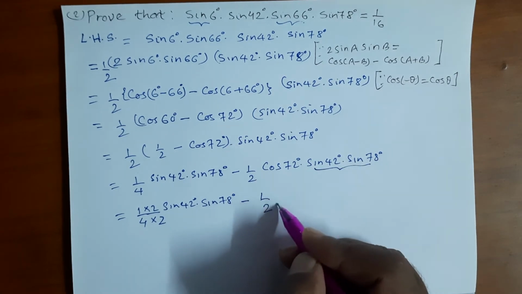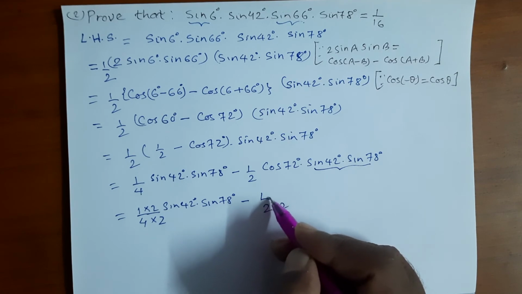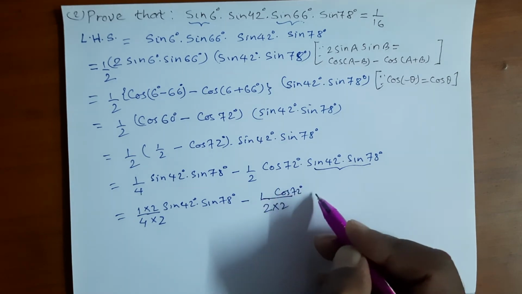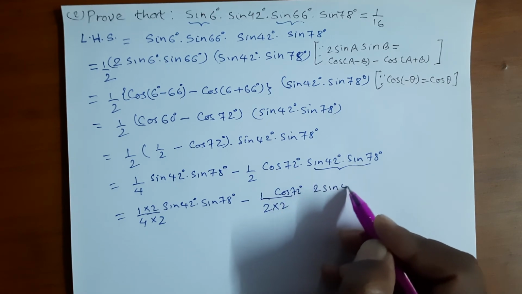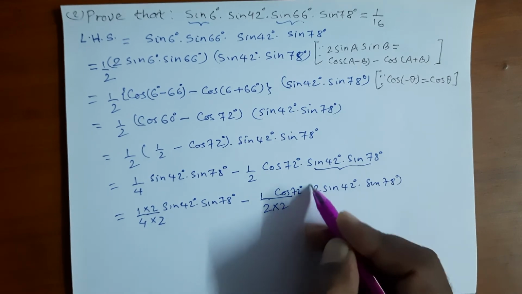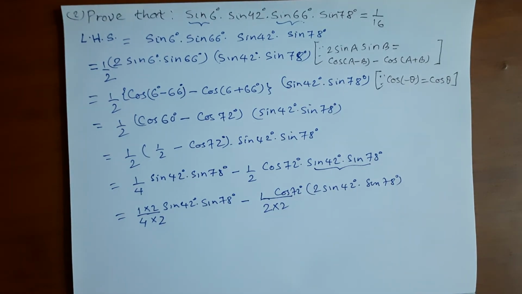and here multiply by 2 here, and here 2 sin 42 degree sin 78 degree, we can write this way.